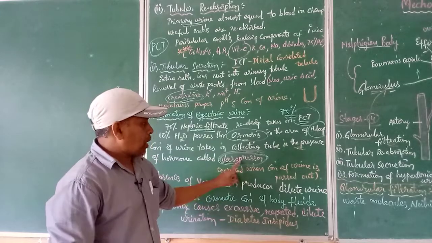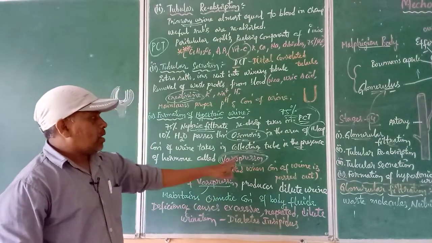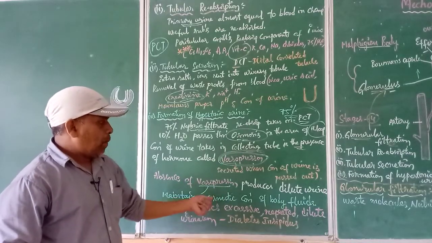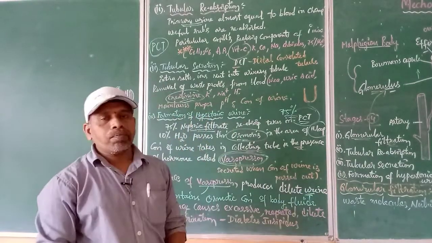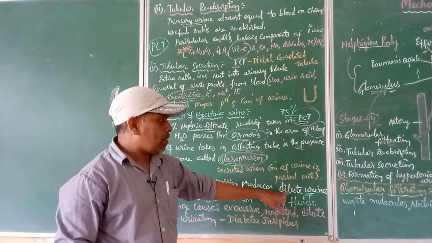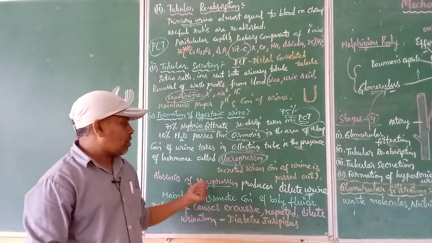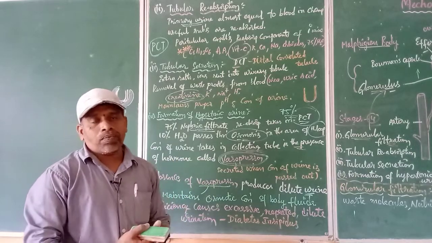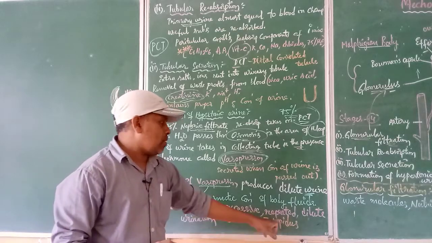This particular vasopressin hormone is very important. In the absence of the vasopressin, it produces dilute urine, more liquidity will be there, that is the dilution. Dilute urine is passed because of the absence of the vasopressin, and this leads to a disease called diabetes insipidus.